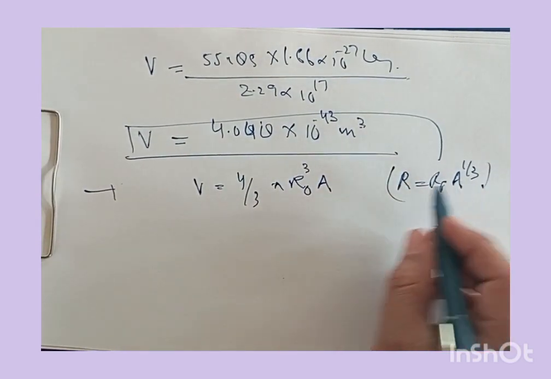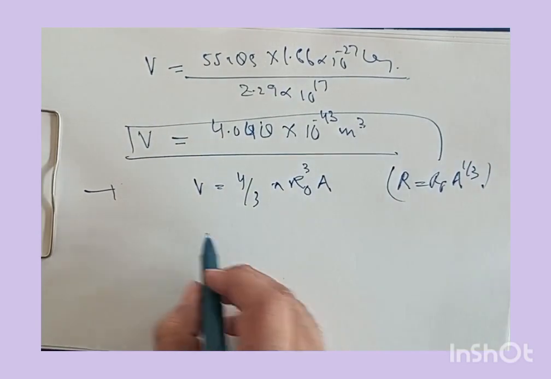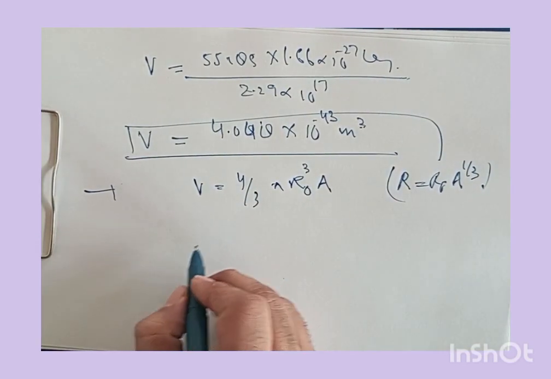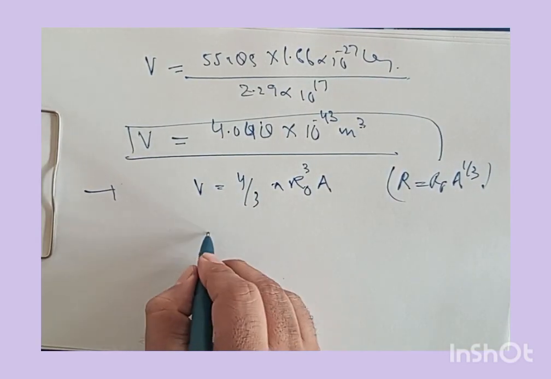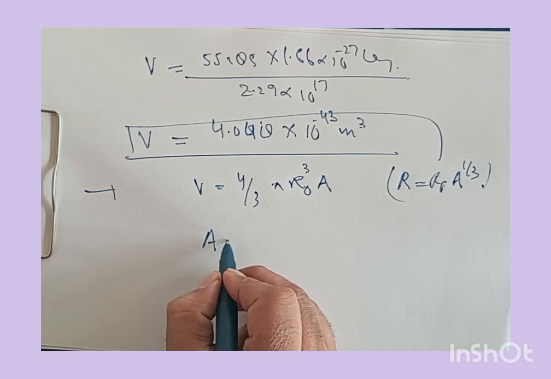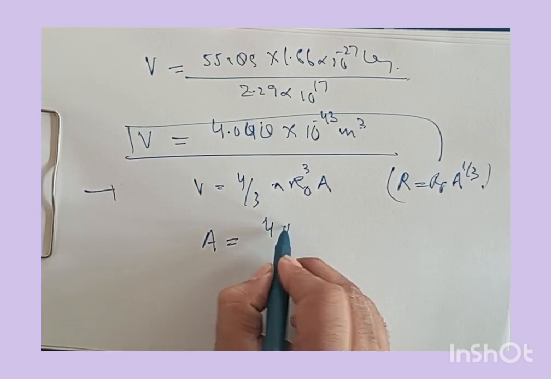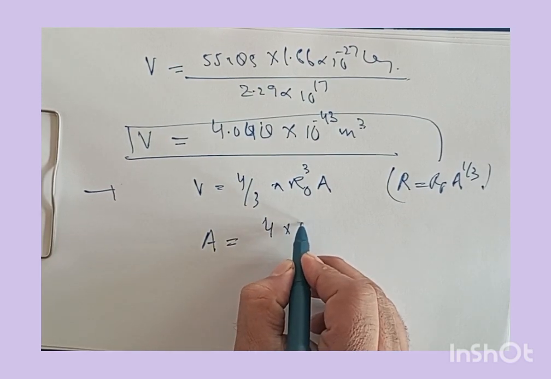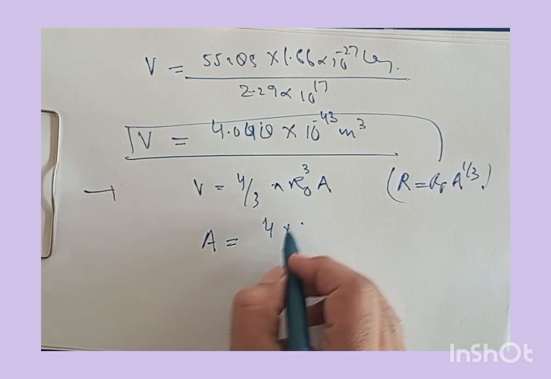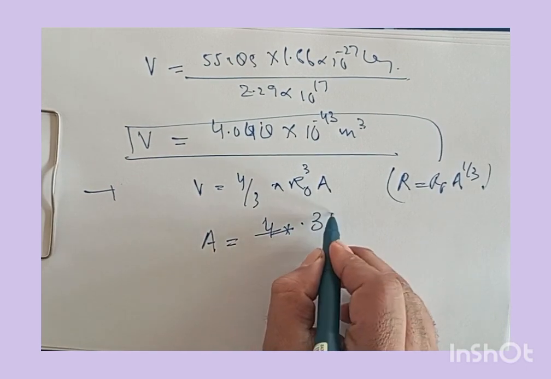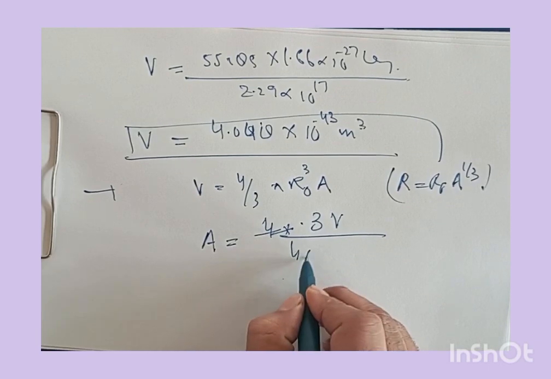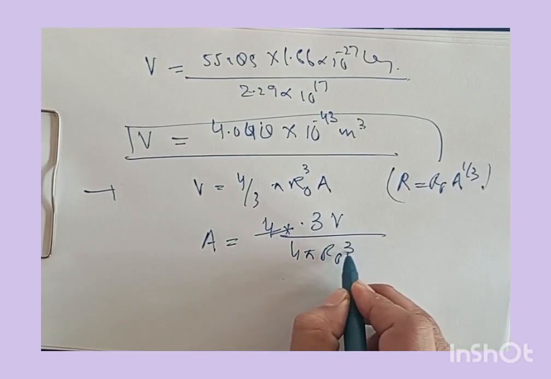So when you are cubing it, you are cancelling the 3 and 3, and finally we substitute all the values. A is 3 times V by 4 pi r naught cube.